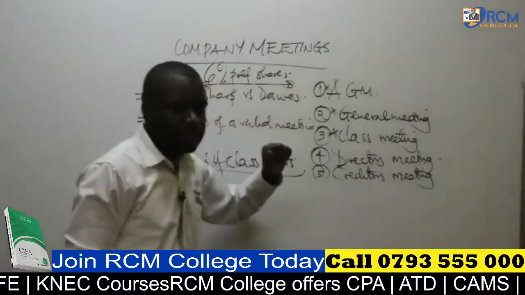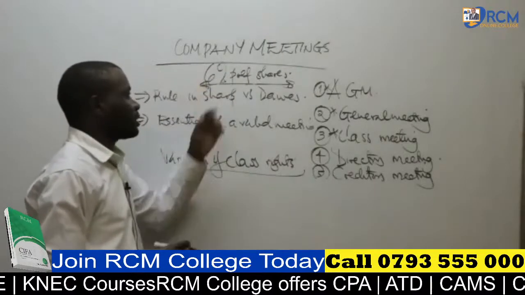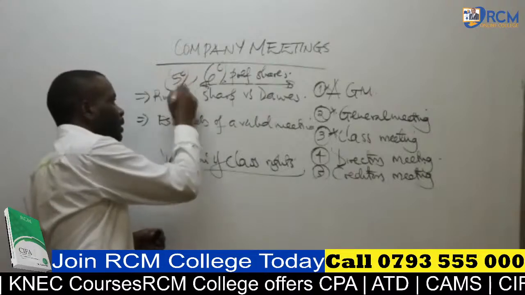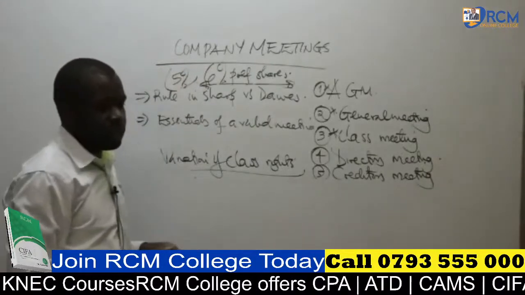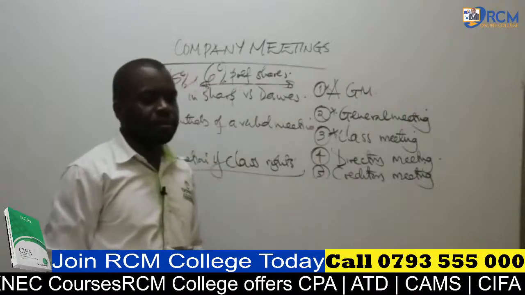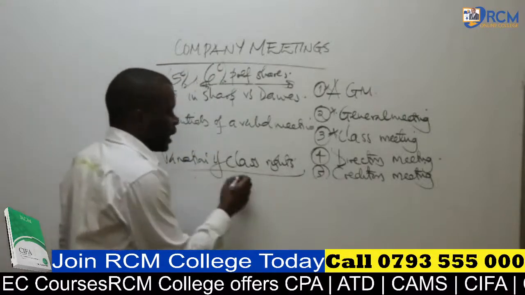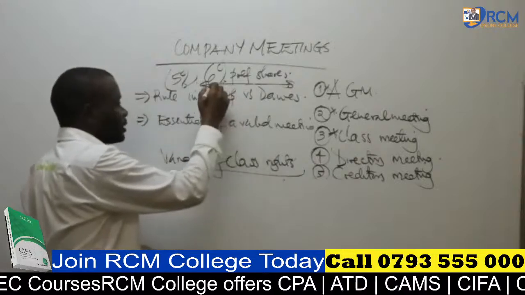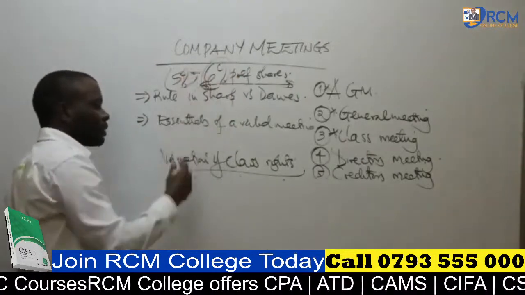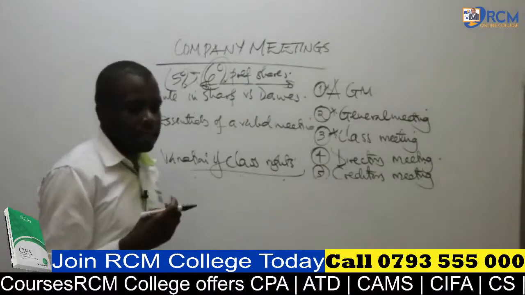If the company wants to vary these rights, for example from 6% to 5%, they cannot just do it without consulting the members of this class of shares. So there will be a procedure to be followed to vary the class rights, from getting dividends at 6% to 5%. That's an example of variation of class rights.